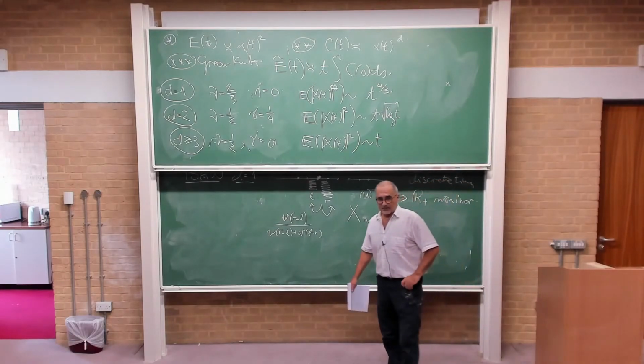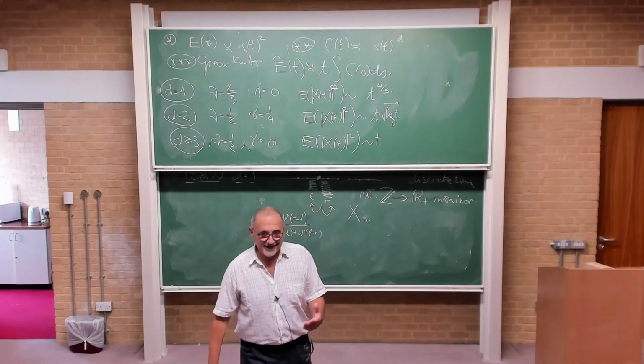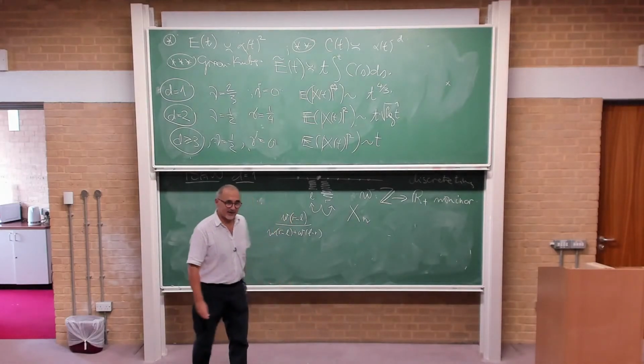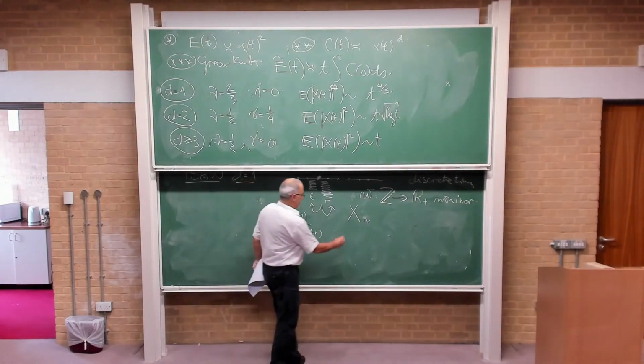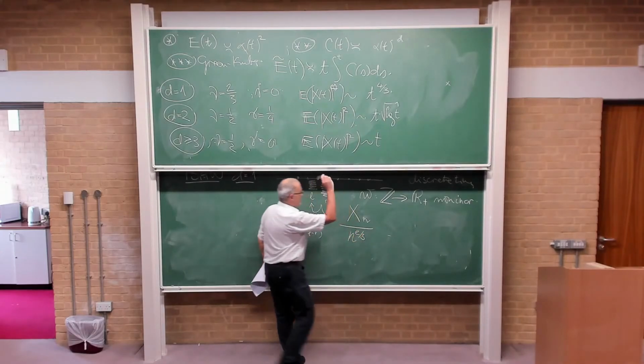What do you expect, by the way? Okay, now, of course, I told you what to expect. It is the case that this X_n divided by n to the 2/3 obeys a limit theorem.